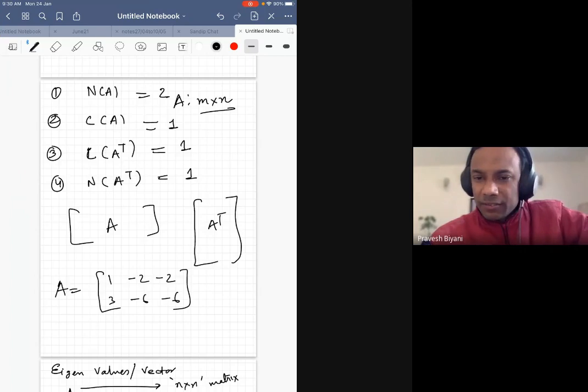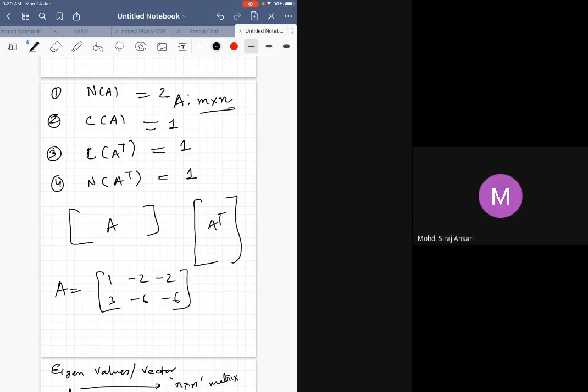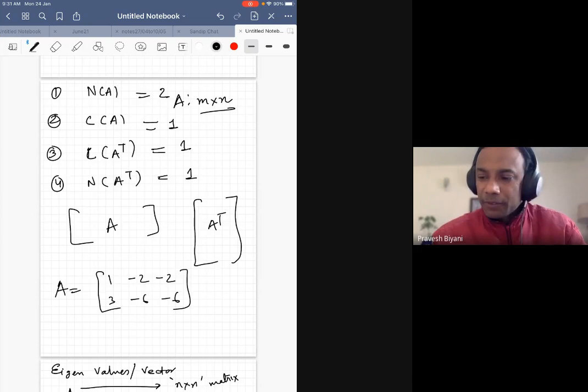Yeah, Siraj. So we can say that the column rank is always equal to the row rank, and we know that column space of A transpose is the row space of A. Without even calculating, we can directly say that if the dimension of column space of A is 1, then the dimension of column space of A transpose will also be 1. Okay. Is that correct, Zubair?